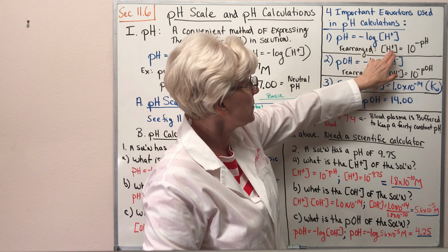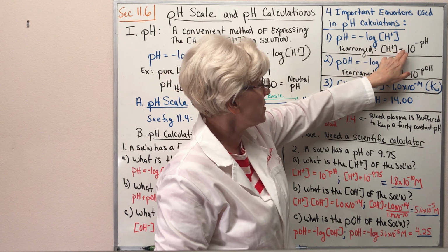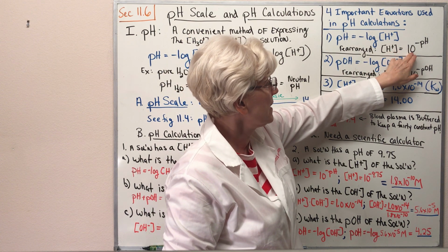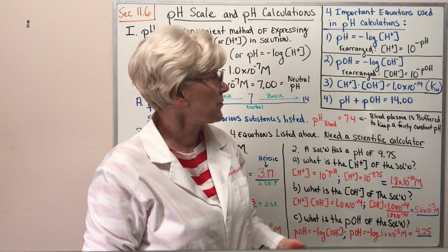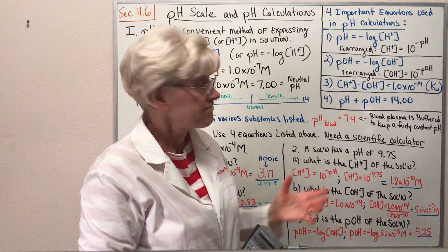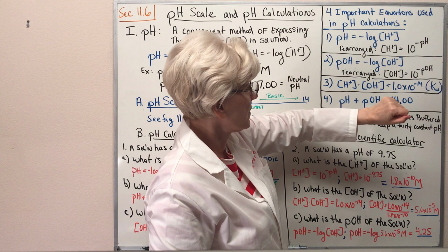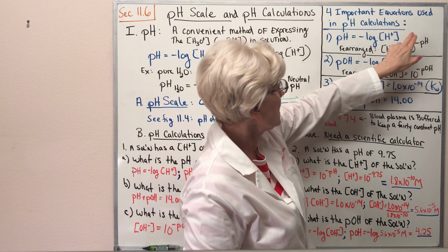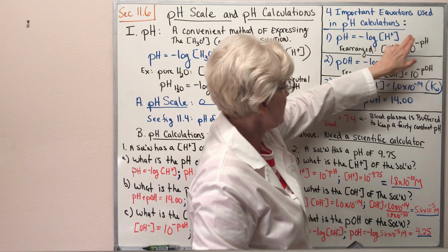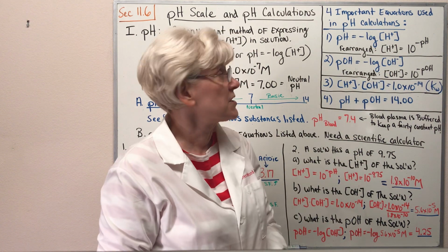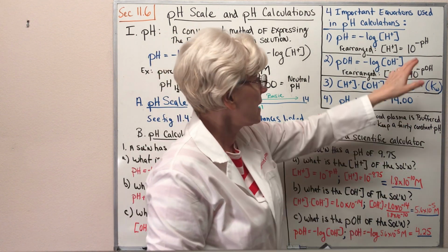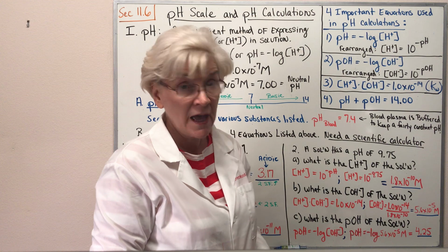If you do, you get that the hydrogen ion concentration is equal to 10 raised to the power of negative pH. So pHs are log numbers. We are raising 10 to the negative pH because pHs are negative logs.